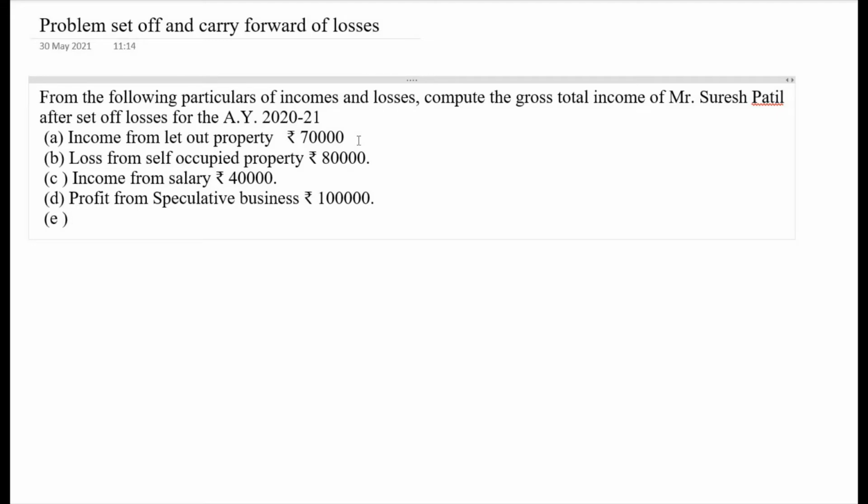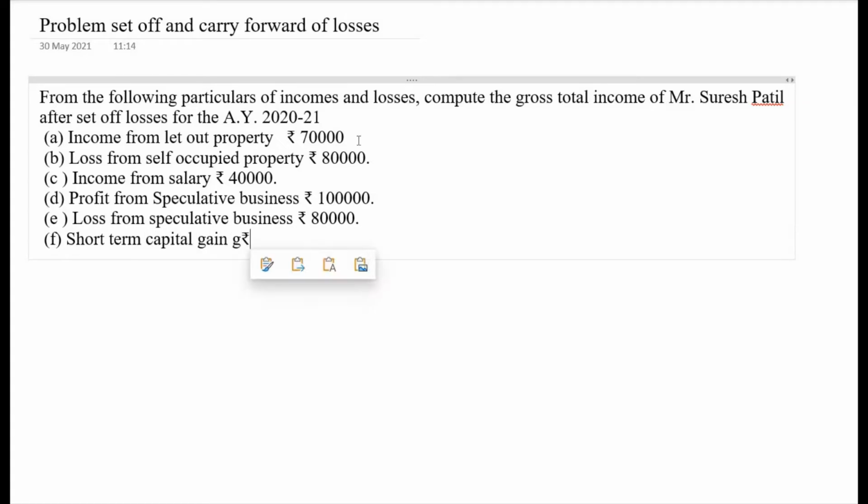Then E, loss from speculative business rupees 80,000. Short-term capital gain, which is given as rupees 1 lakh.